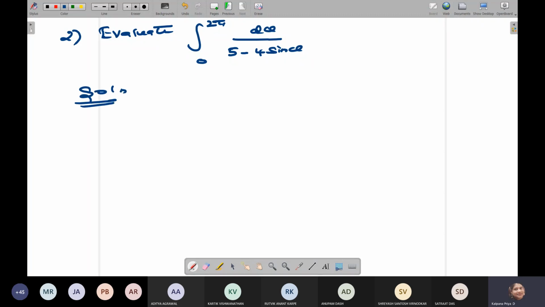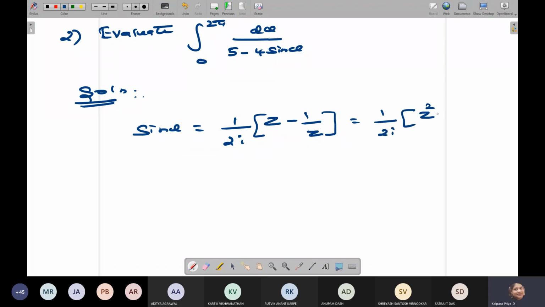We know that sine theta will be replaced by 1 by 2i into z minus 1 by z, and also d theta equals to dz by iz.